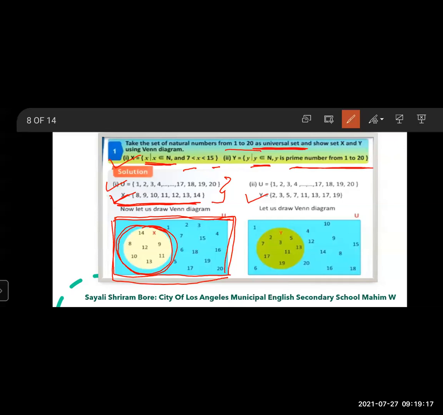Okay. So see, all the things which we have studied, we are connecting to each and every example. Y is equal to, write it in the listing form.